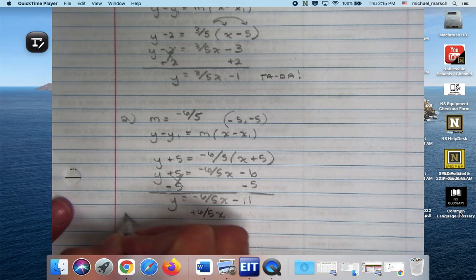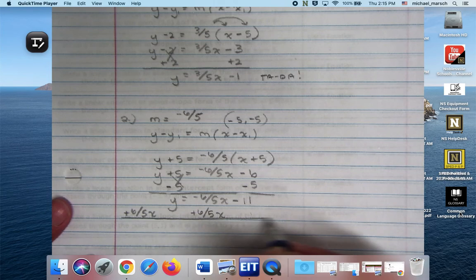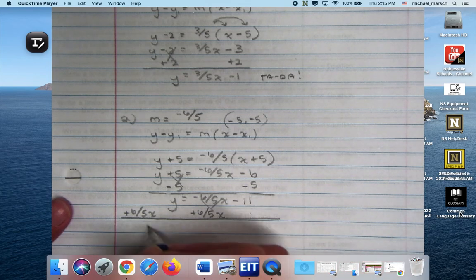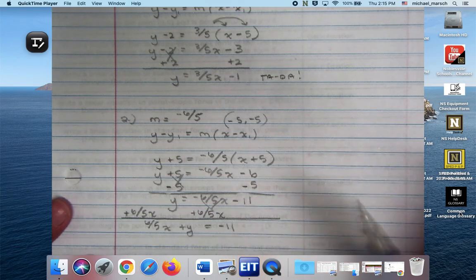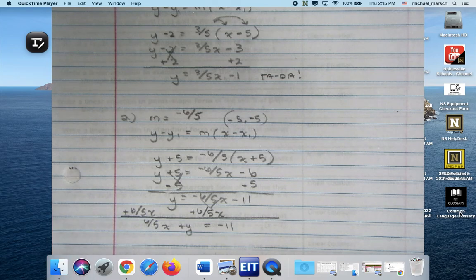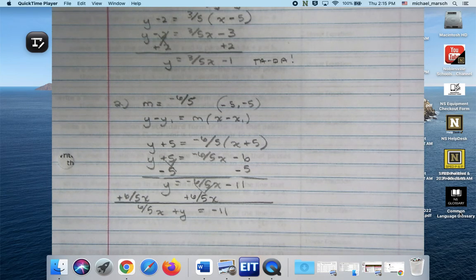Just one last step. It can't be a fraction, so how am I going to get rid of that fraction?